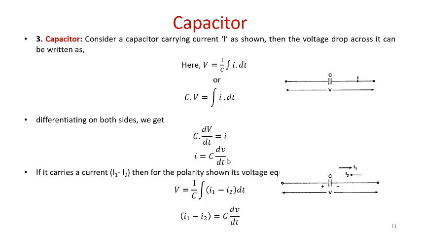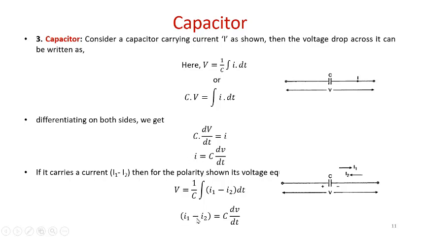All these three elements can have two types of sources. One is the current source and one is the voltage source. We have the equations on the voltage side and also on the current side.